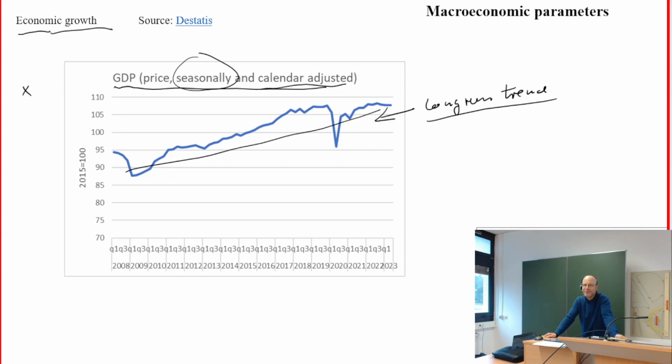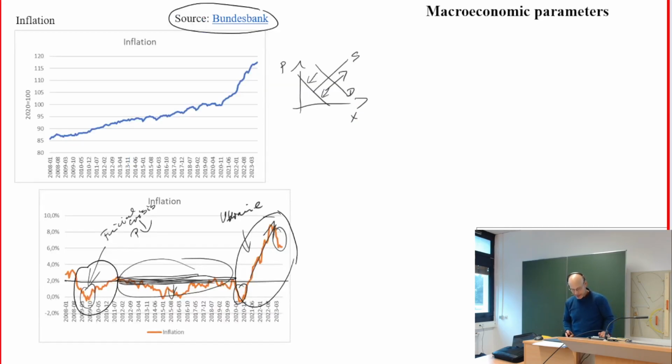And this has, of course, an economic impact. And this is meant by calendar adjustment, that you calculate all the data on the same time horizon. Okay, this I forgot last time.